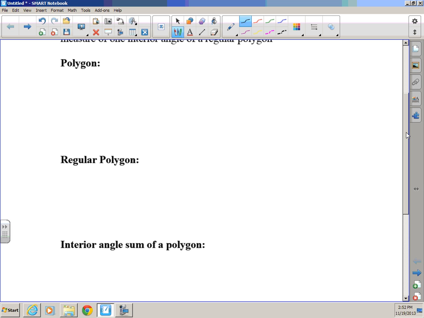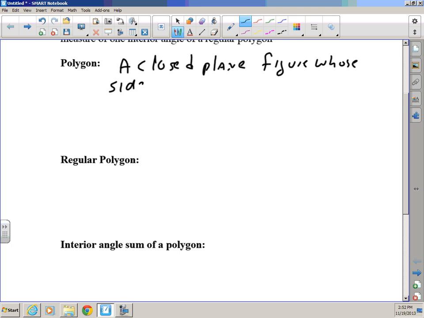Okay? A polygon is a closed plane, meaning two-dimensional, figure whose sides are segments that intersect only at their endpoints.